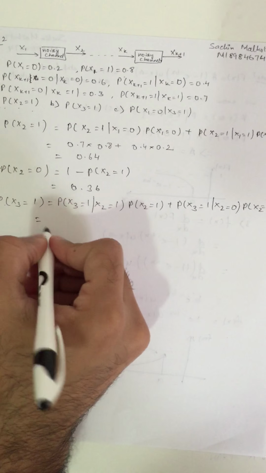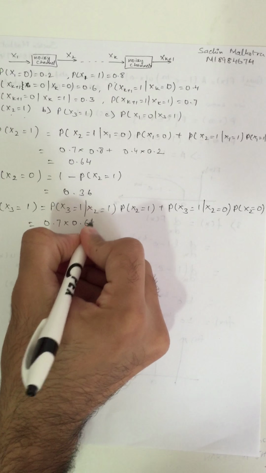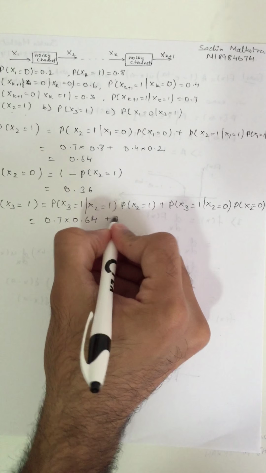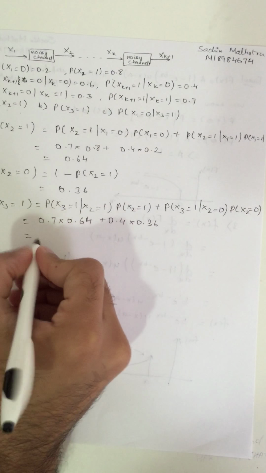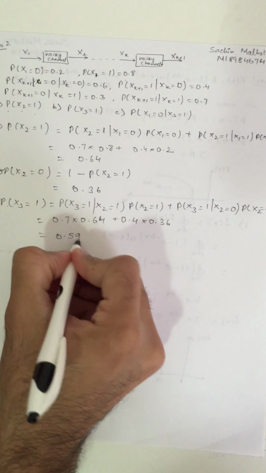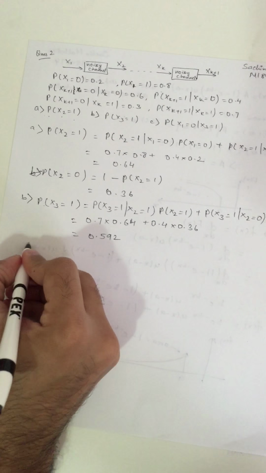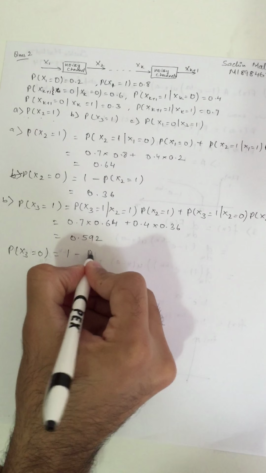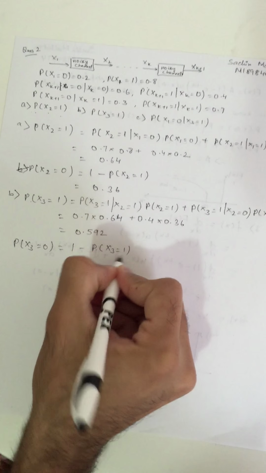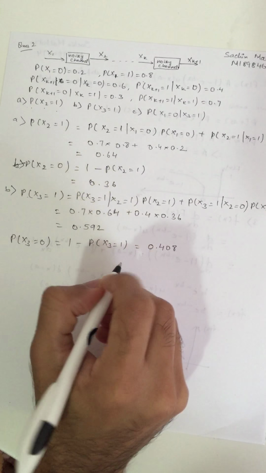Since we have all the values with us, this becomes 0.7 into 0.64 plus 0.4 into 0.36, and the value becomes 0.592. We can also find one more value from this, that is P of X3 equal to 0. That becomes 1 minus P of X3 equal to 1. So the value becomes 0.408.